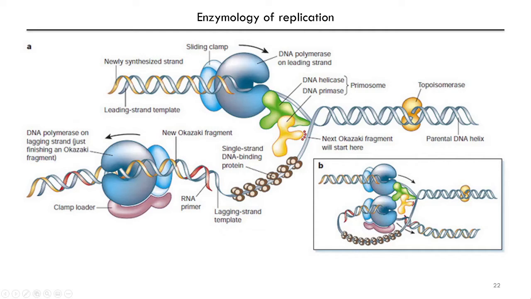In this slightly simplified illustration, we see that the DNA polymerase that continuously synthesizes the leading strand does so in the 5' to 3' direction towards the fork, and the polymerase that discontinuously synthesizes the lagging strand does so in the 5' to 3' direction away from the fork.